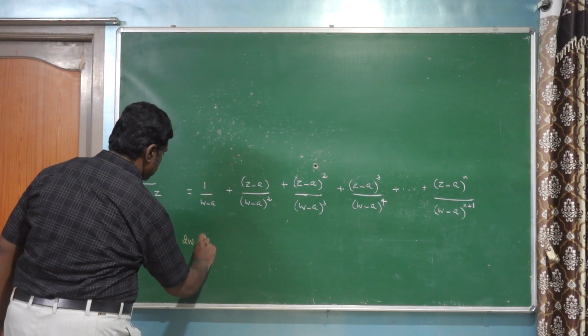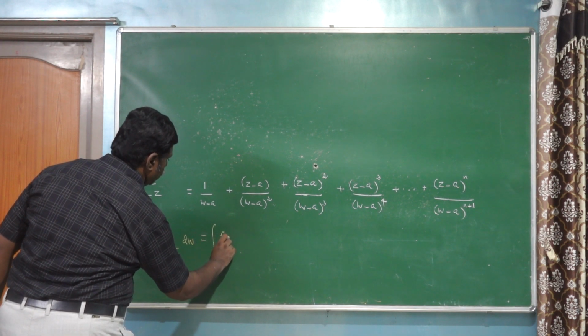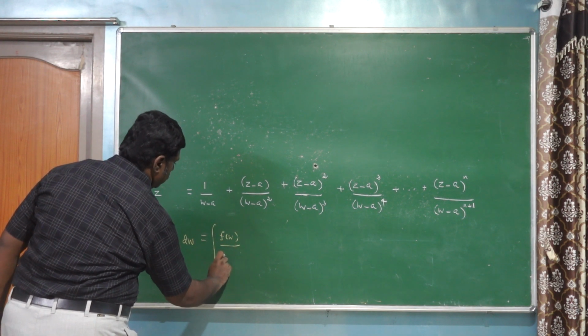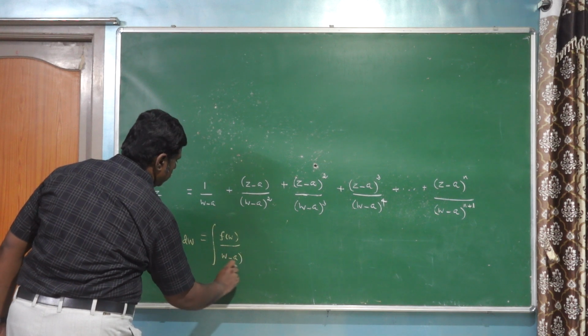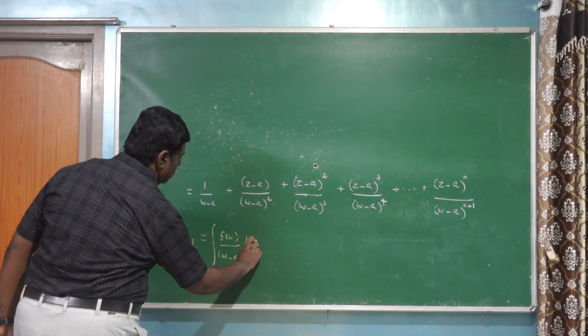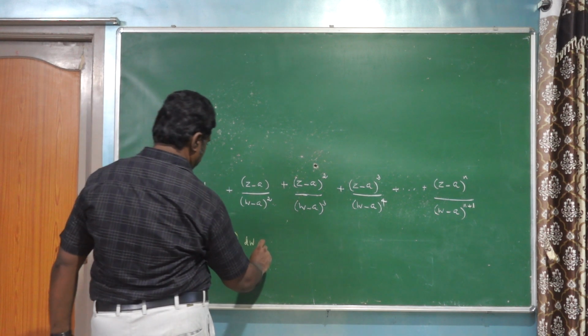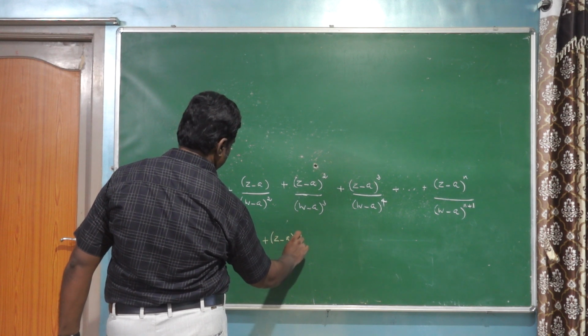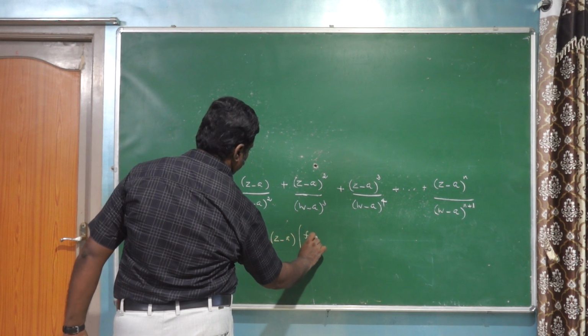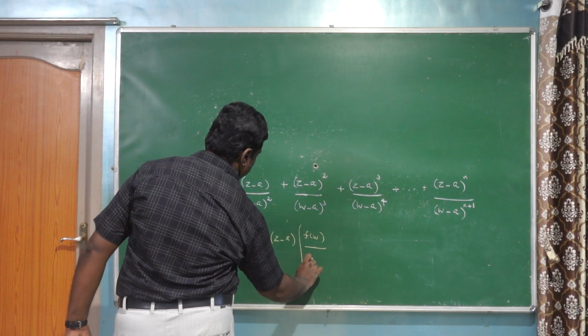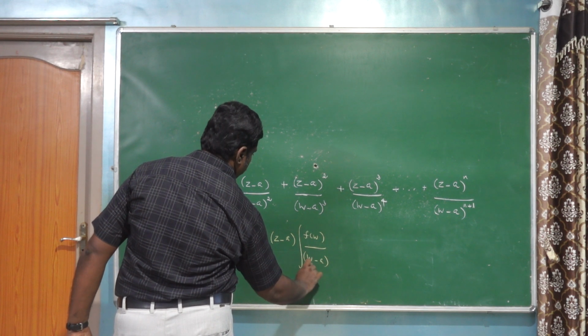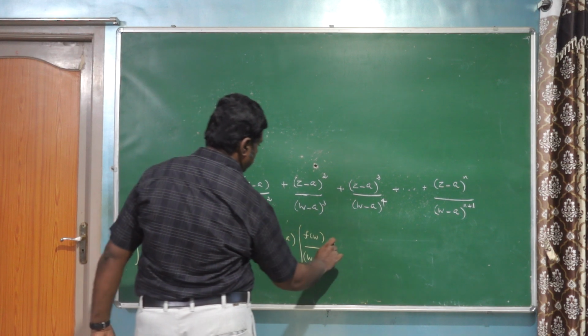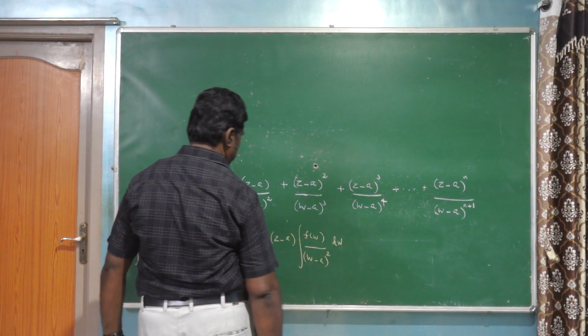Here, integral f of W divided by W minus A into dW. This is Z minus A integral f of W divided by W minus A whole square into dW.